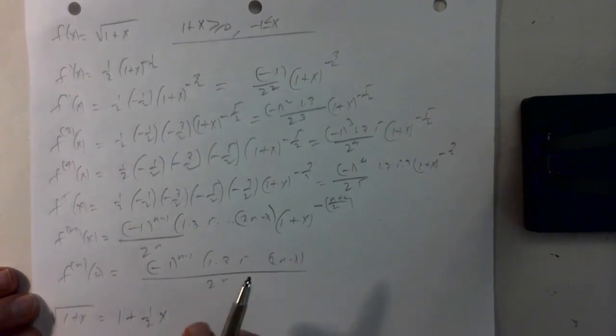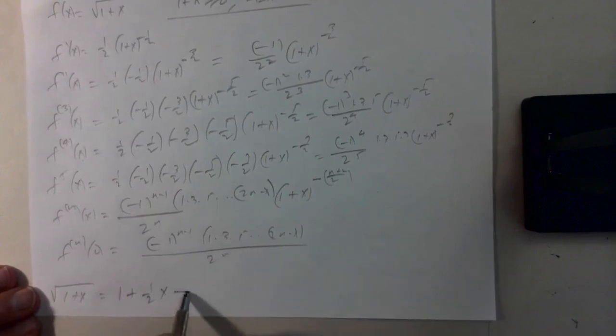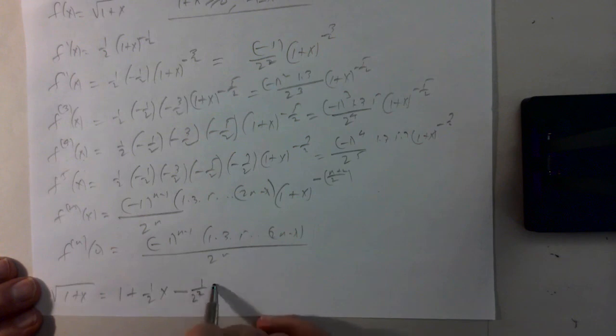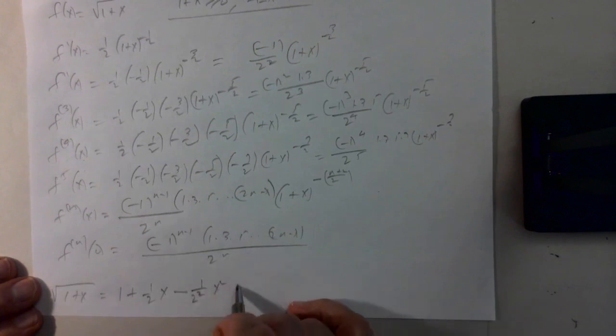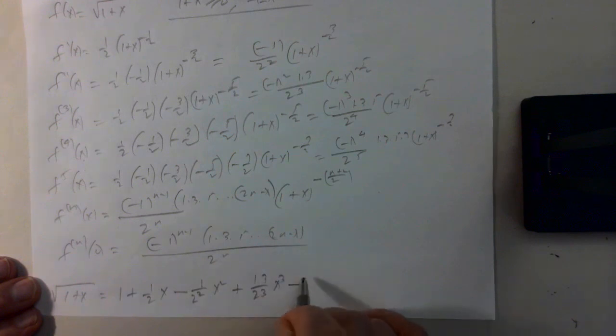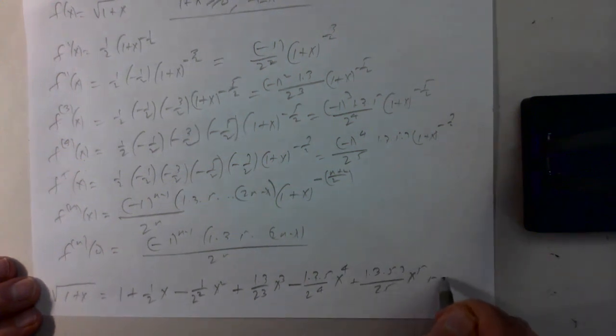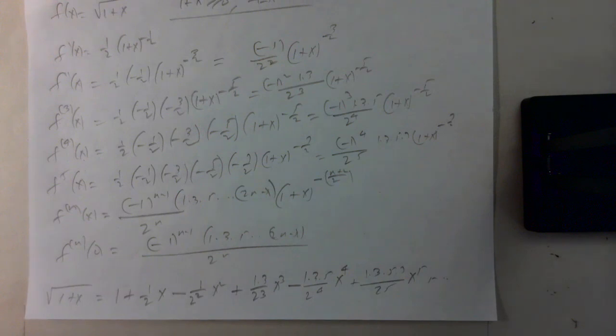And now it starts to oscillate in sign, positive, negative, minus 1 over 2 squared x squared, plus 1 times 3 over 2 cubed x cubed, minus 1 times 3 times 5 over 2 to the 4th x to the 4th, plus 1 times 3 times 5 times 7 over 2 to the 5th x to the 5th, and so forth. Yeah. You get a series that looks something like that.